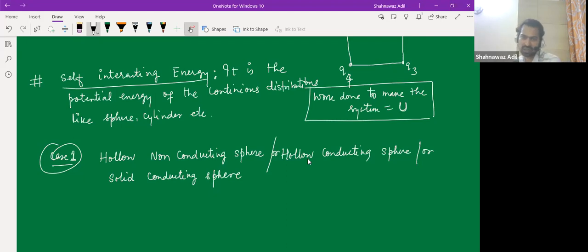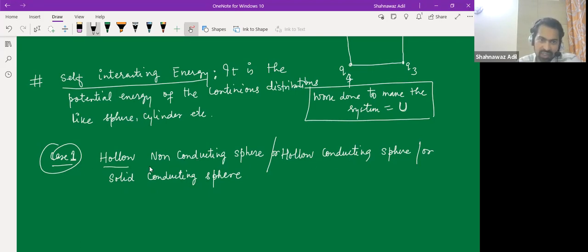The solid sphere is different distribution-wise, and non-conducting and conducting are different property-wise.